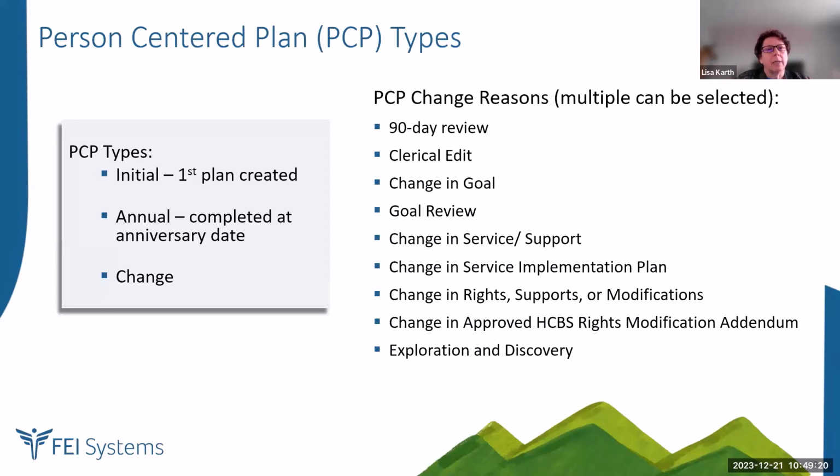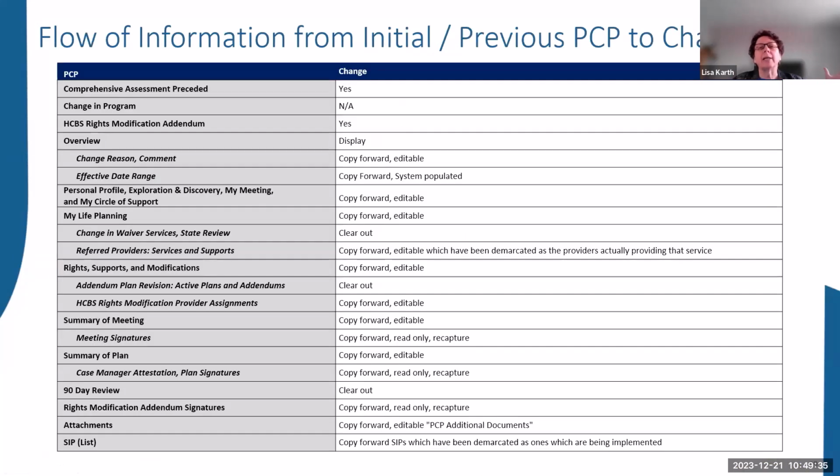And this is information that's going to help inform Evergreen about what information should flow forward, what information should not. So here's a list. I do not expect you to remember this, and suggest that you not try to because it's an extensive list, and Evergreen is going to help you out.